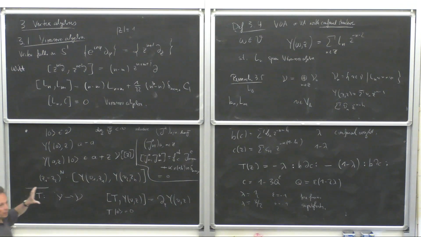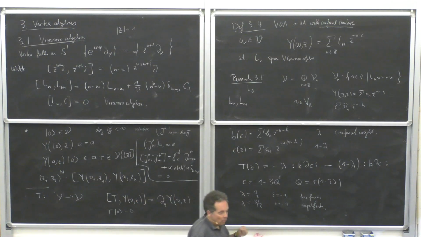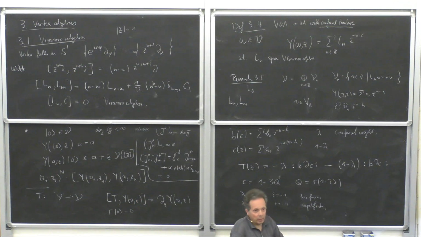Because in the end, I will not work with the vertex algebras, but I will work with their representation categories. And my goal in this lecture is that you get a feeling why the representation category of a vertex algebra has this mathematical structure. Then we will forget the underlying vertex algebra structure and work at a categorical level.